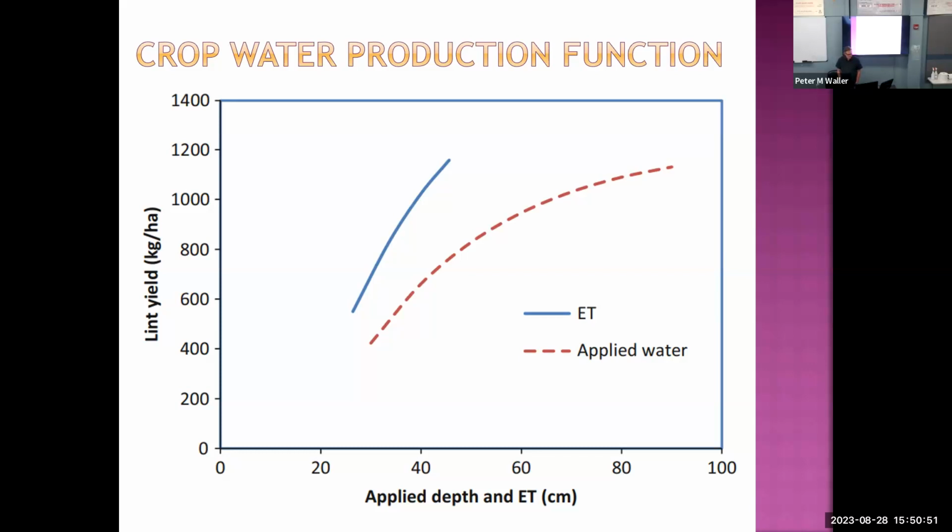So this is how much water infiltrates into the soil. And then the other amount that it represents is the transpiration, which is what goes through the leaves, or the evapotranspiration, which is the combined water loss through the leaves and through the soil. So evaporation from soil, transpiration from the leaves. Okay, and then on the left axis is the cotton lint yield.